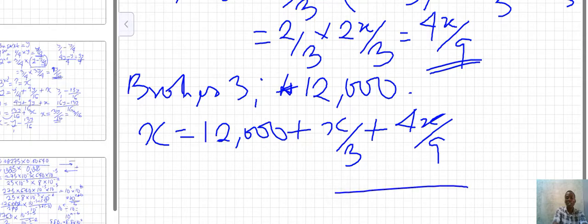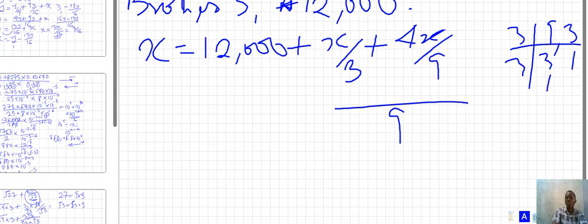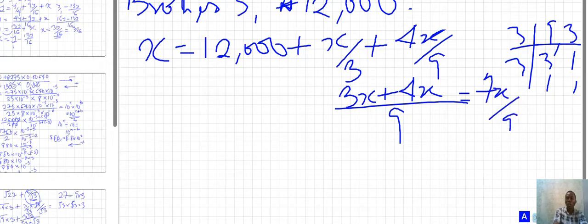So if we simplify this, our LCM will be 9, because 9 divided by 3 will give us 3. 3 times x will give us 3x, plus 9 divided by 9 will give us 1. 1 times 4x will give us 4x. So this total will give us 7x over 9.